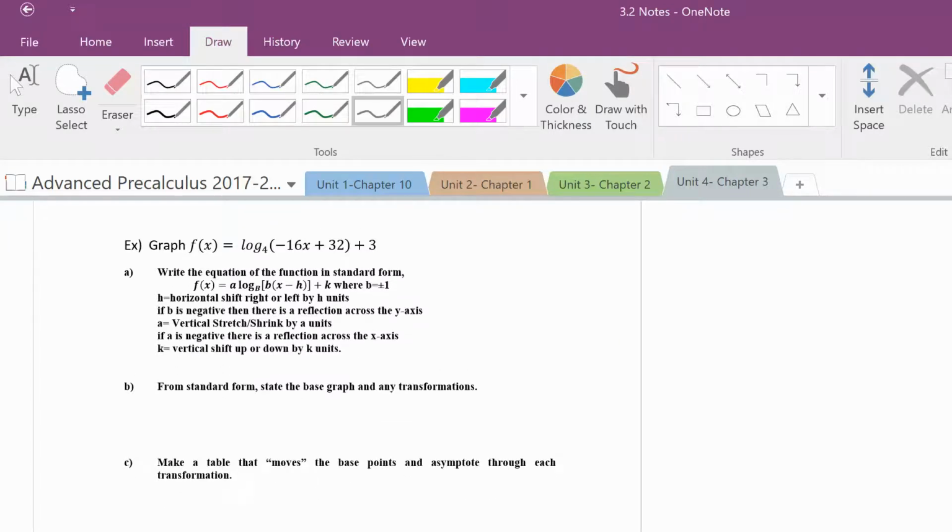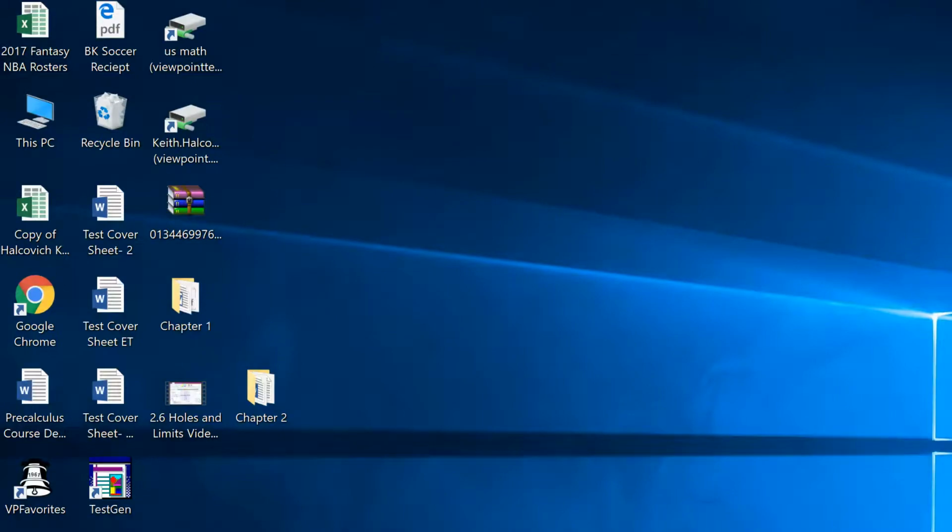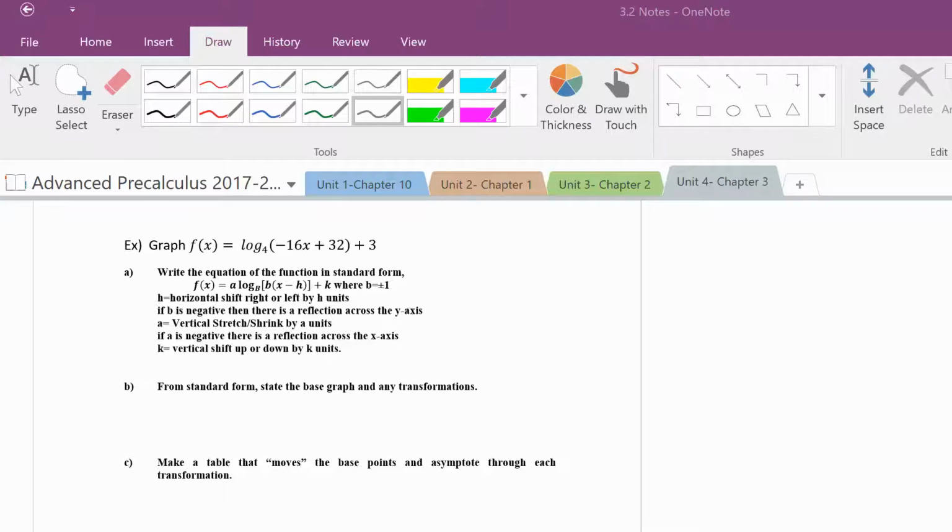So now when we graph this, the first thing we're going to be asked to do is put this in standard form. Standard form meaning we're going to take out the number in front of the x.